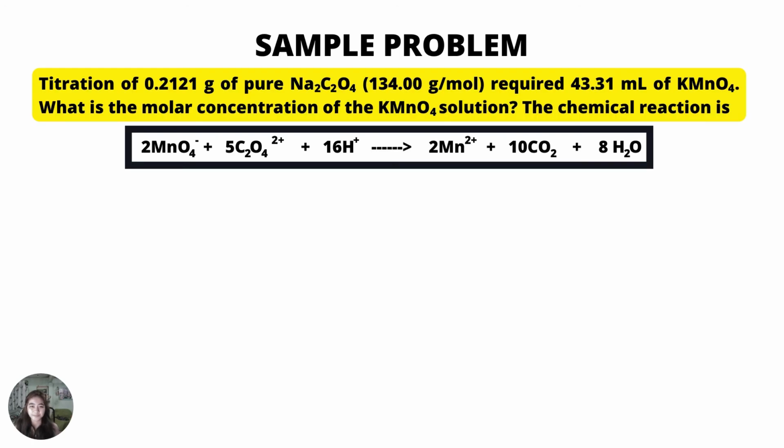So let's try another. I have a sample problem here: a titration of 0.2121 grams of pure sodium oxalate, 134 grams per mole, required 43.31 mL of potassium permanganate.